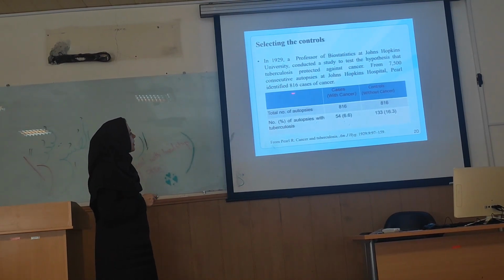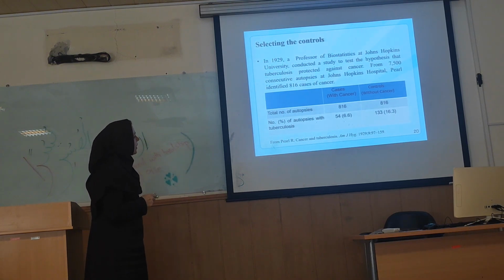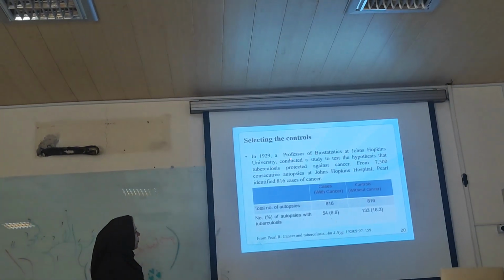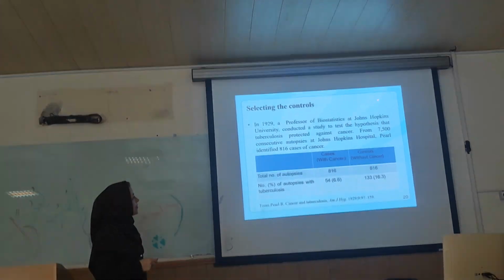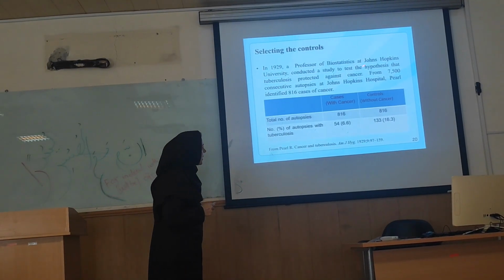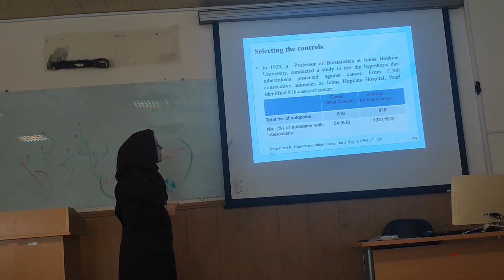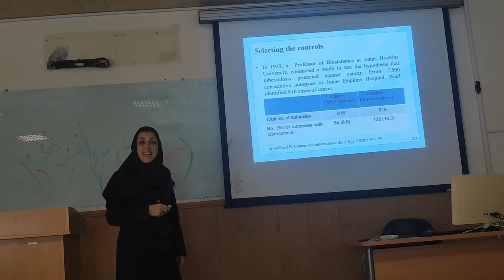Here you can see the importance of selecting appropriate controls. In this example, in 1929, a professor of biostatistics at Johns Hopkins University conducted a study to test the hypothesis that tuberculosis protected against cancer.